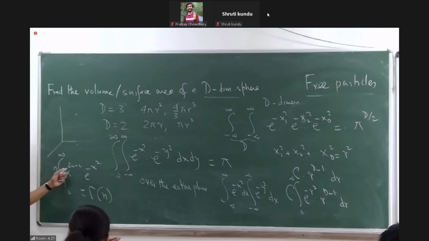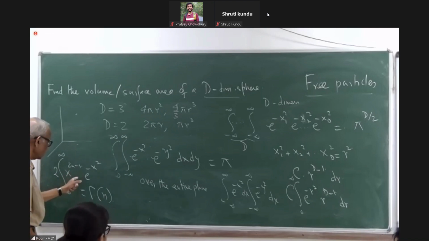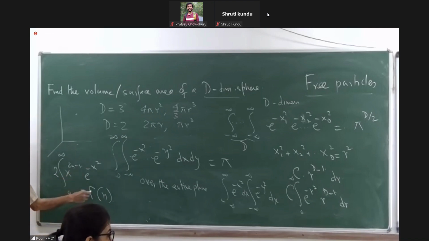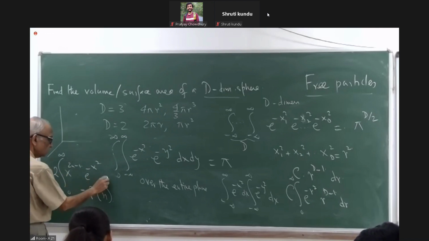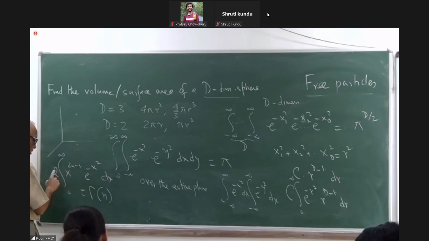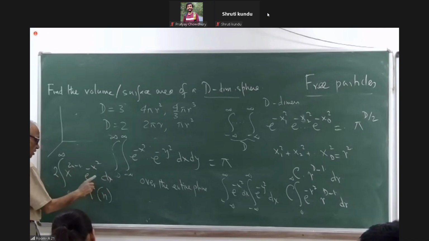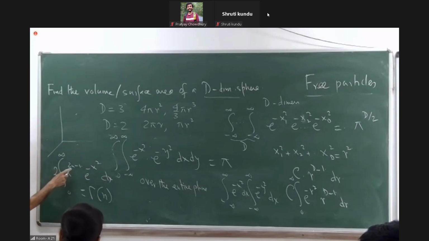Let's make sure that it works. If n is equal to 1, then this is x times e to the power minus x squared dx. For 2x dx is d x squared, and so it is 1. Gamma 1 is 1.